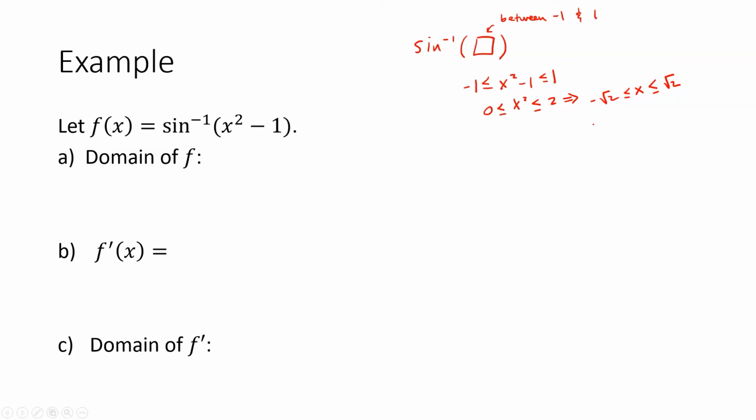And therefore the domain of our sine inverse function of x squared minus 1 will be the interval from negative radical 2 to positive radical 2.